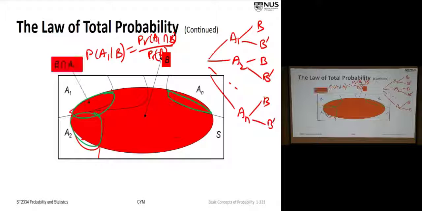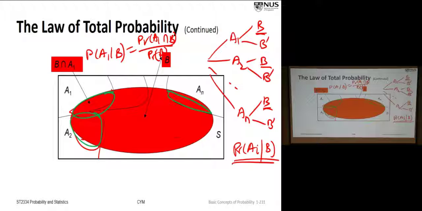Now I know B has occurred. I know it's B, but I don't know which path it took to reach this B. So I'm asking, what is the chance that it goes through A1 to reach B? What is this probability?